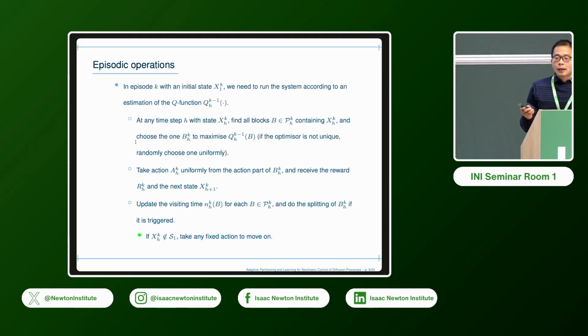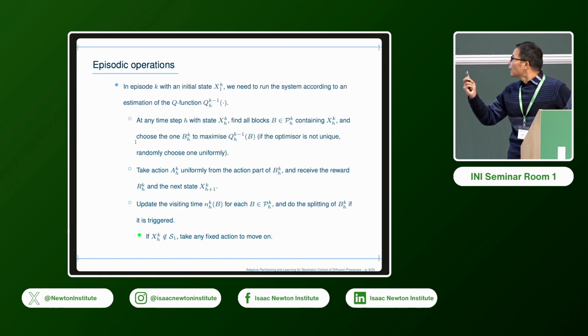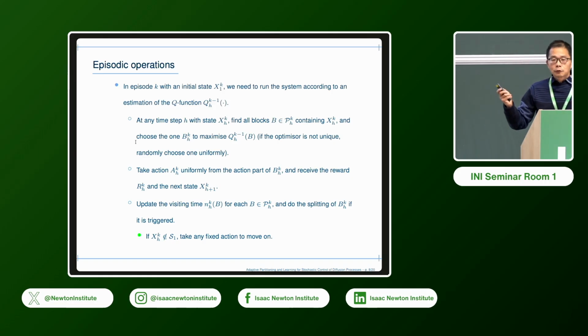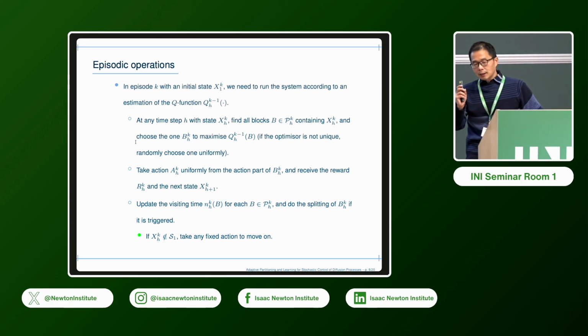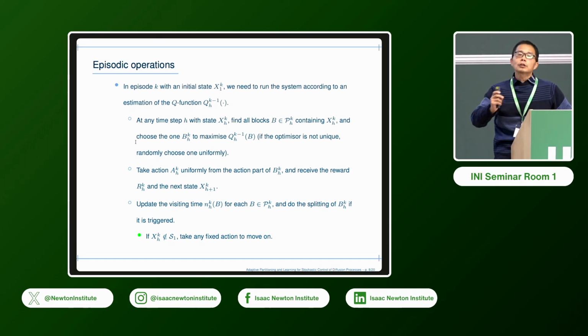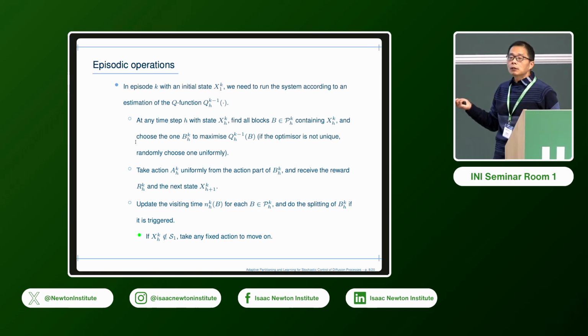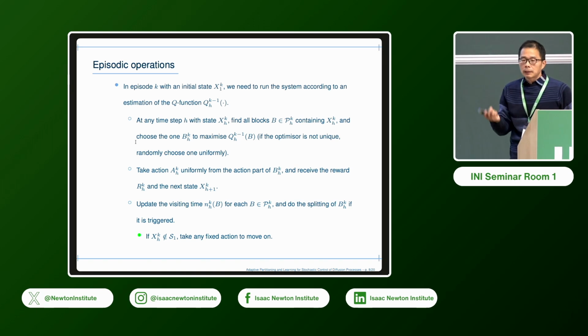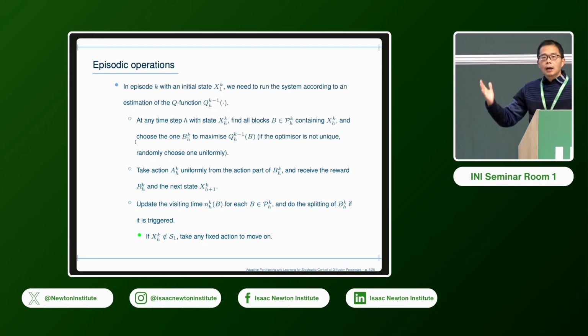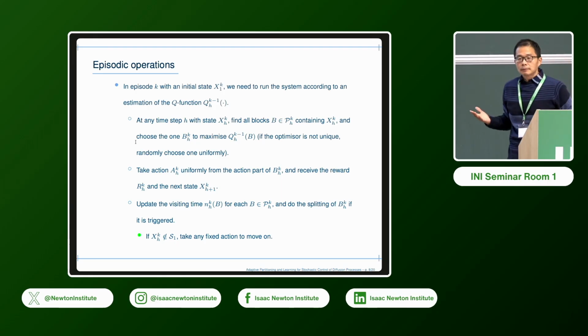We just pick a fixed action for that state, and we don't update the visitation counts, because the probability of this happening is very low, so we don't care. I mention this just to make our algorithm complete.